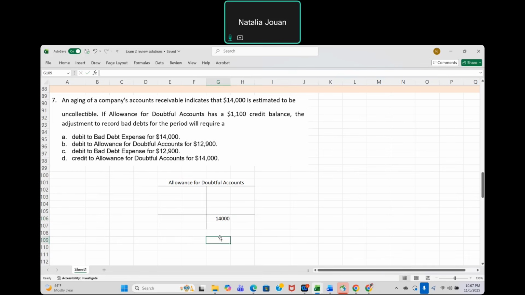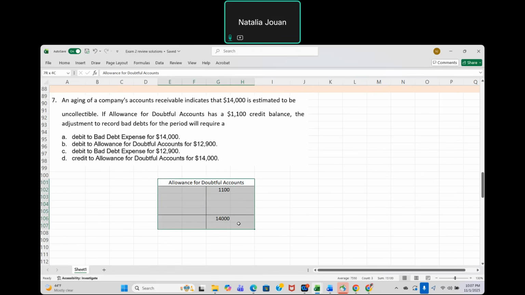However, before any adjustments, the allowance for doubtful accounts has a credit balance of 1,100. What are you missing to make it from 1,100 to 14,000? This is asking for the adjustment to record bad debt expense. So first we got to figure out the number and then we do the entry.